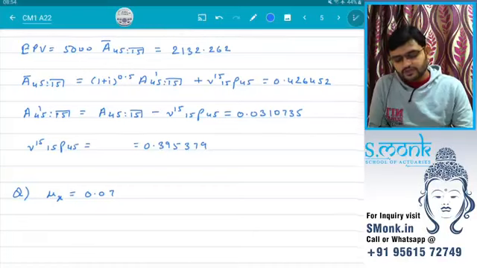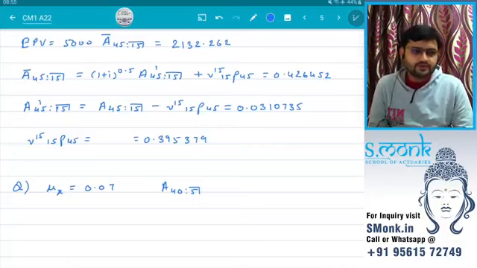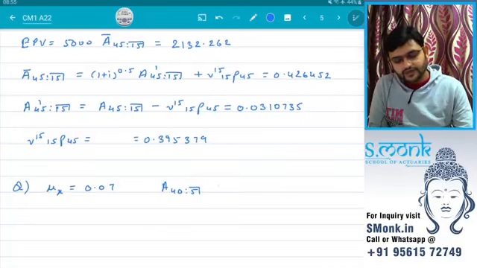So using this constant force of mortality, let's find a 45 endowment value. For this endowment value, again I will have to write, and let's say delta is equal to 9%.